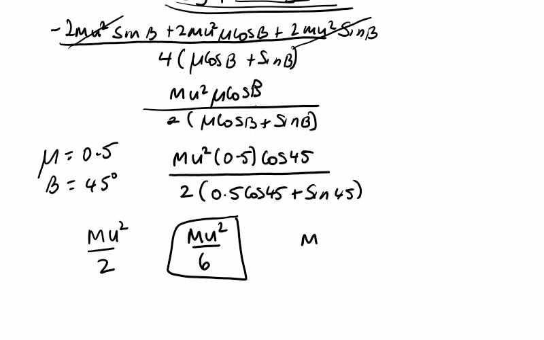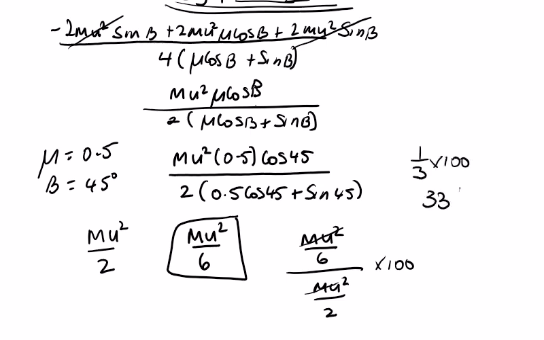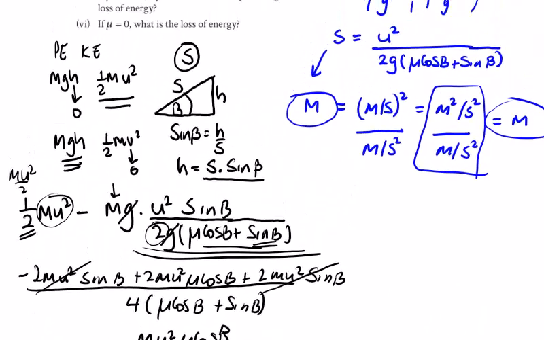So the loss is what it is now, u squared over 6 divided by u squared over 2. So I'm going to turn it upside down and multiply by 100. Looks like it's going to be 1 over 3 by 100, which is 33.33%. Quite an awkward question this, I think you'll agree.